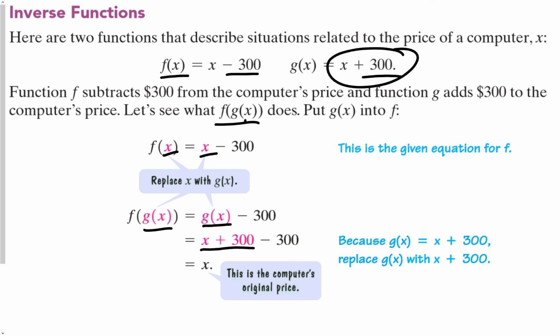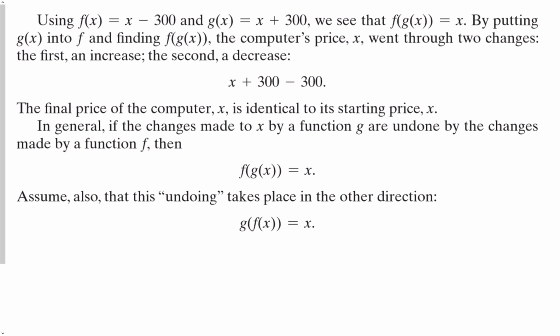Notice that we get right back to the beginning. We get the original computer price, just x. So using f of x equals x minus 300 and g of x equals x plus 300, we see that f of g of x is equal to x.